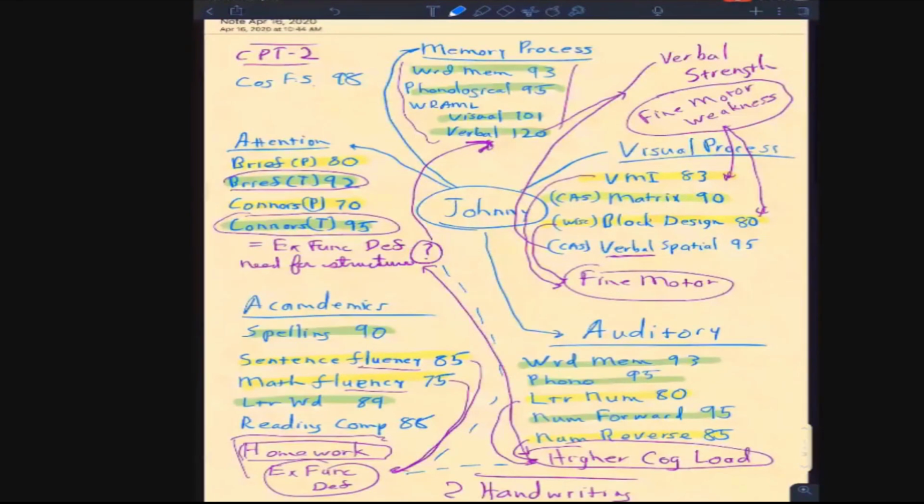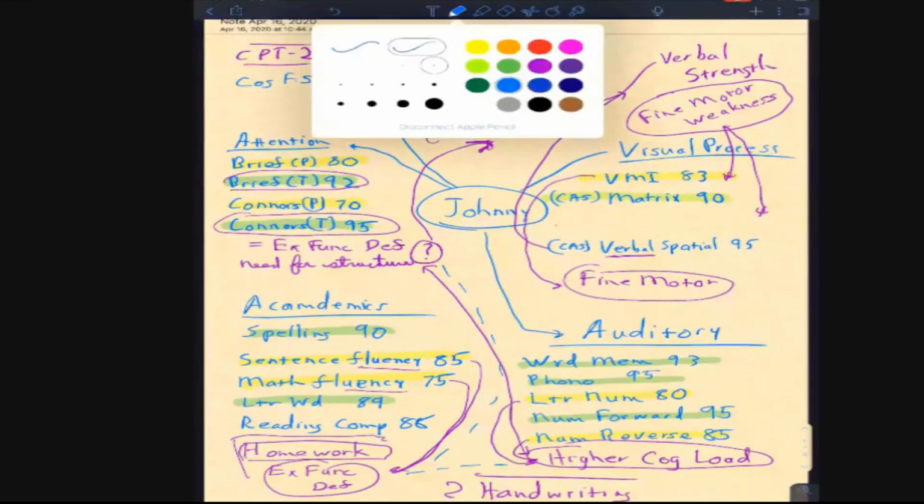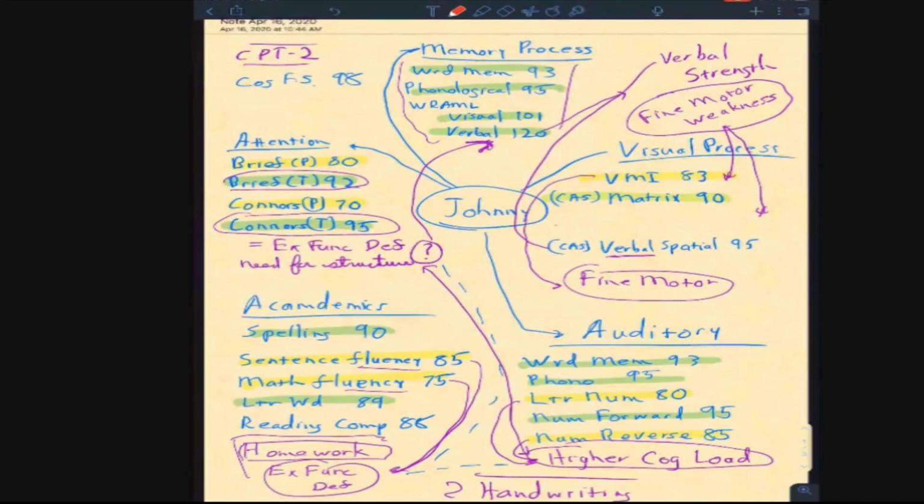Done on a whiteboard, what I would typically do is have 4 pens. On a whiteboard, this block design at 80 right here would look like this. I would take my red marker and put block design, because I wouldn't have the ability to highlight on the whiteboard.